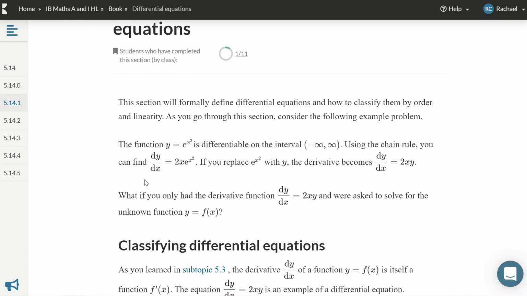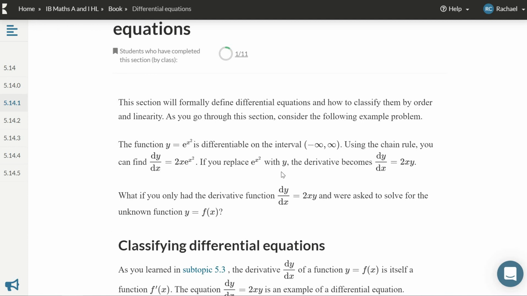Here they give you the function y equals e to the x squared. If you want to differentiate that, you use the chain rule. It's 2x e to the x squared. But this is something that you have to get used to, right? The derivative dy dx equals 2x times e to the x squared. e to the x squared is the same thing as y.